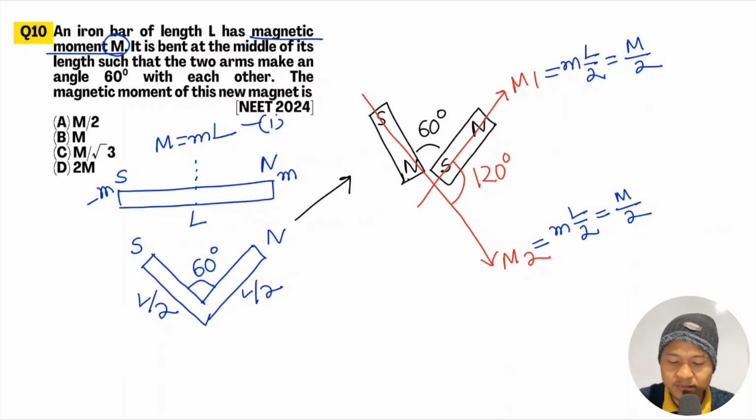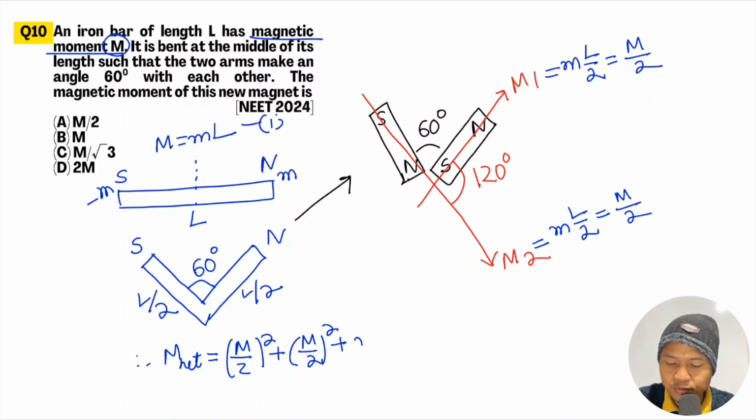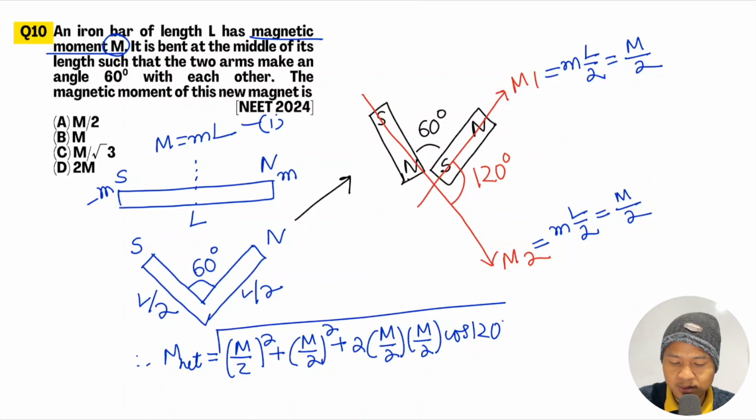Now we apply the vector addition formula. So net M is under root m1 square, which is (M by 2) square, plus m2 square, (M by 2) whole square, plus 2 into m1 into m2 into cos 120. The 2 gets cancelled out, and cos 120 is minus 1 by 2.